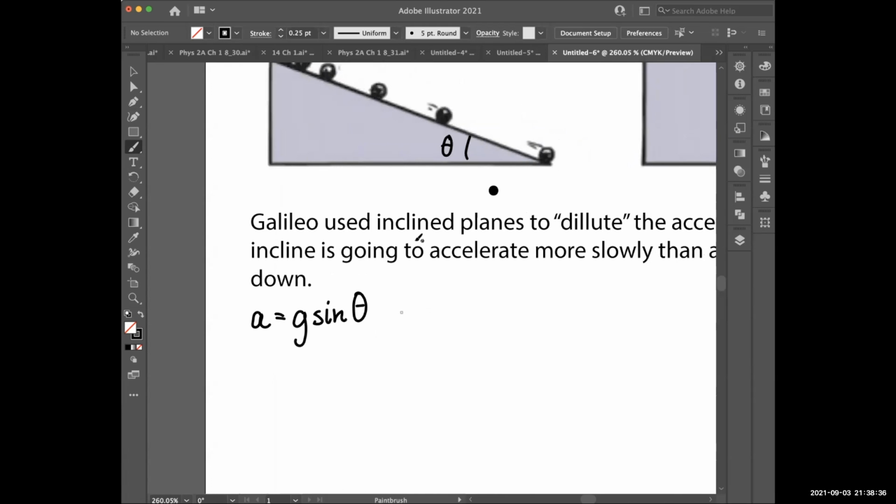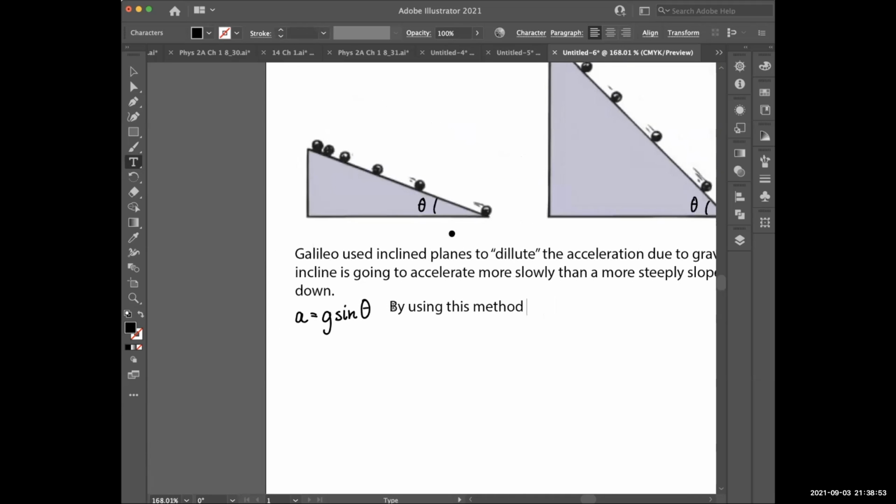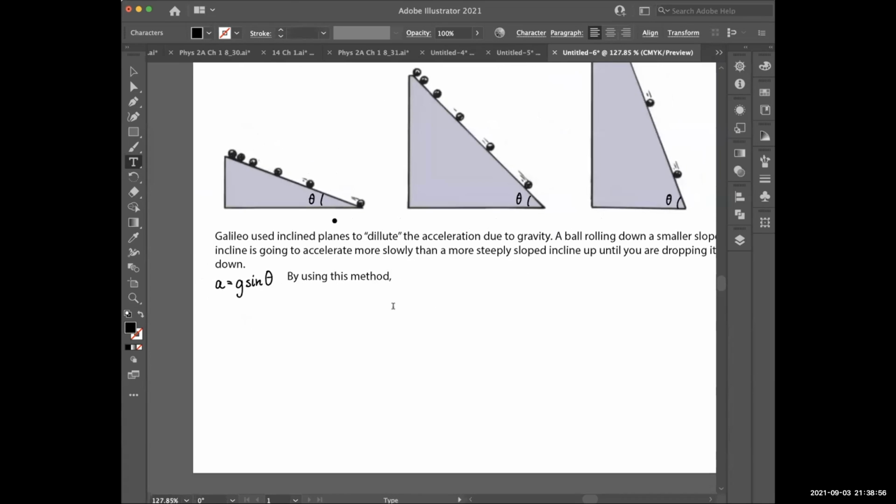And by the way, by using this method, he found that g equals 9.8 meters per second squared, or about 32 feet per second squared. Of course, he wasn't using the meter or the foot yet.